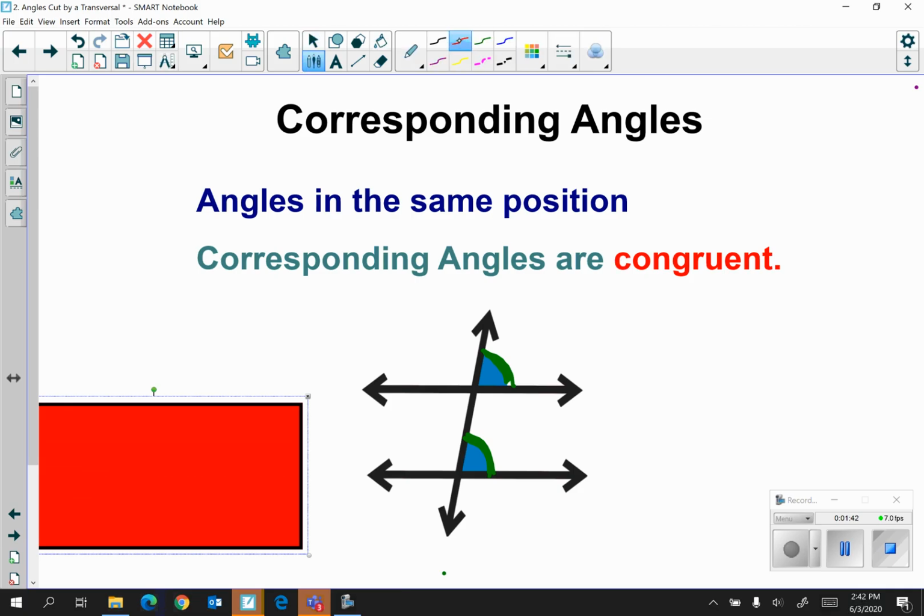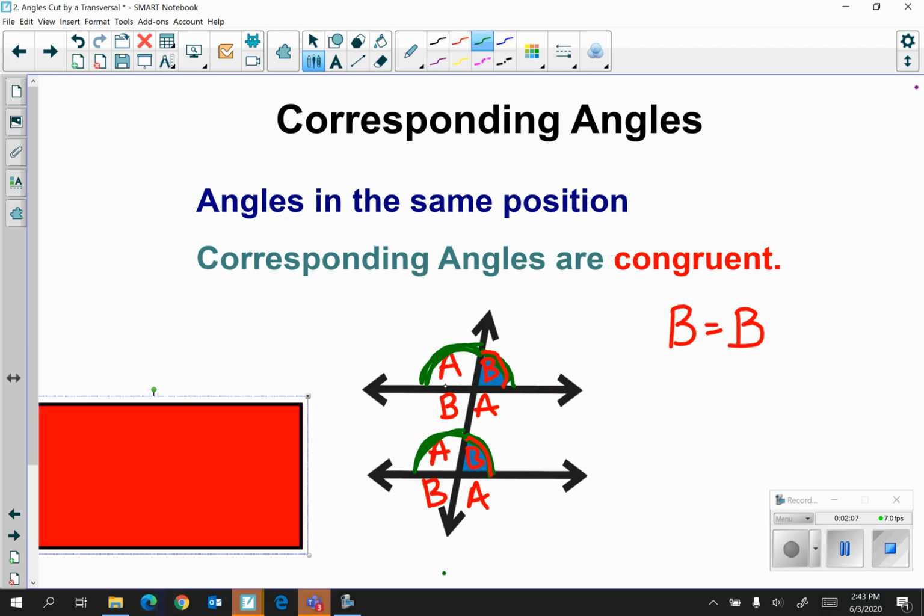Next, if I label with the A's and the B's, so A, B, B, A, B, B, A, notice that they are both B's, and therefore B is equal to B. Also, this A is corresponding to this A. They're in the exact same position.